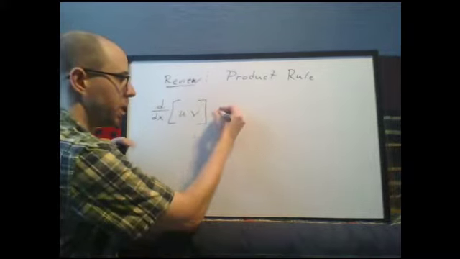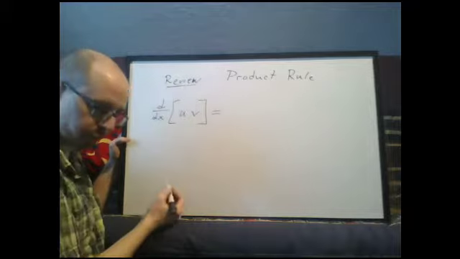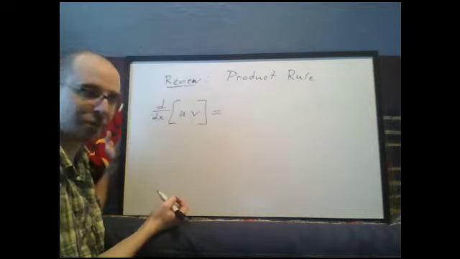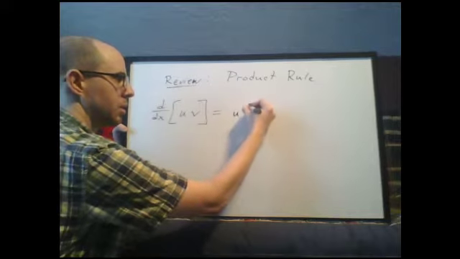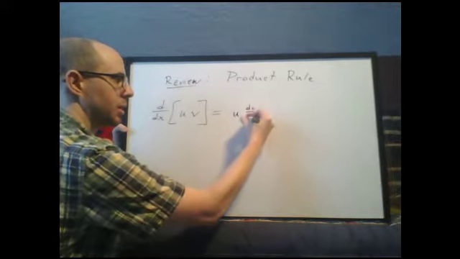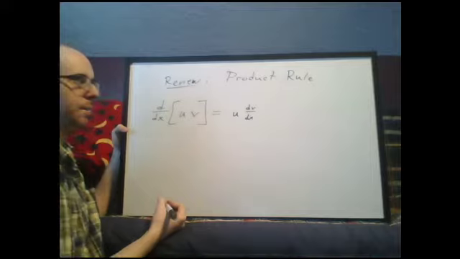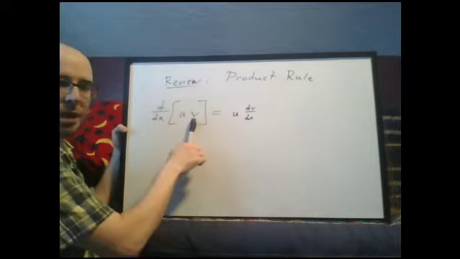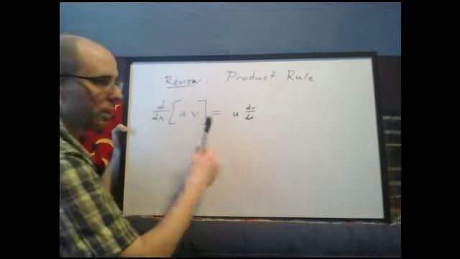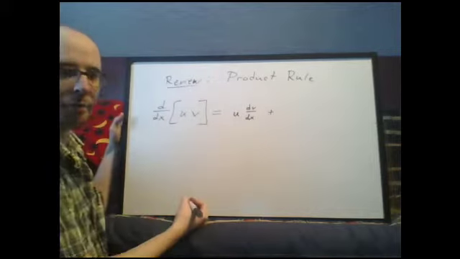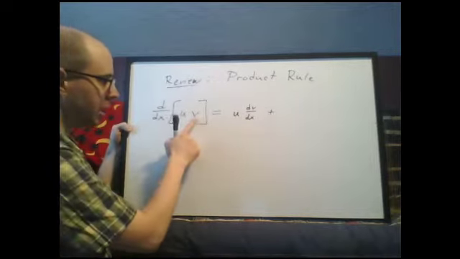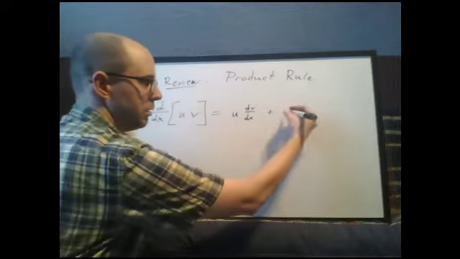We do the product rule by taking the derivative of one function at a time and leaving the other one alone. So we'd have u times dv dx, where dv dx is by definition the derivative of v with respect to x, plus the second half of our product rule, v times du dx.